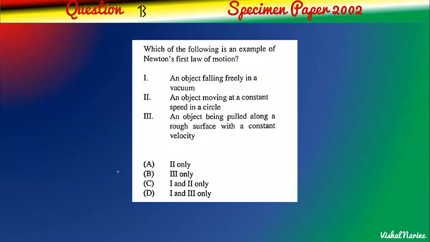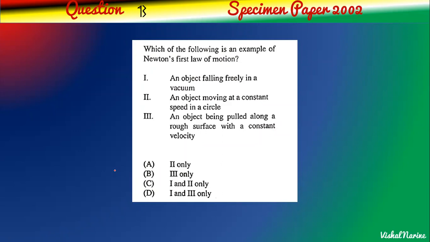To go to question 13, it asks you which of the following is an example of Newton's first law of motion. And remember, the first law is saying that an object at rest is going to remain at rest. An object that is moving is going to continue to do so in a straight line unless this object is acted on by an external force.